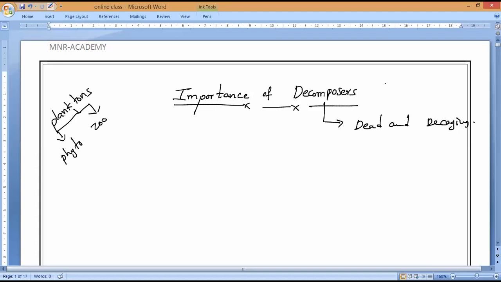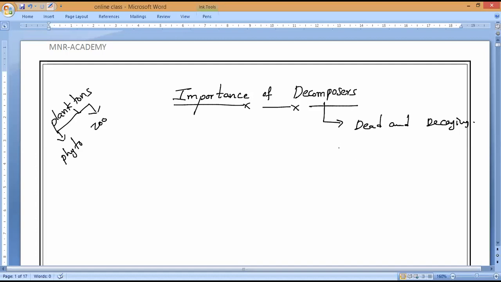Is it yes or no? That is what we studied in the last class. They make secretions from their body surface, which start decomposing the complex organic matter into simpler substances, and it will liberate some components.